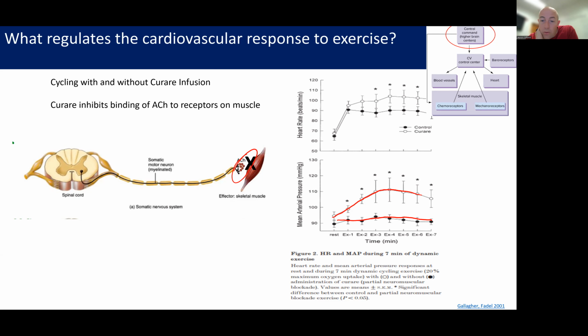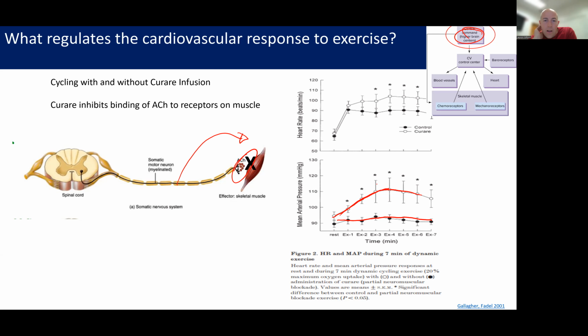So in order to keep doing the same amount of work, have the muscles contract at the same rate, they have to send twice as many action potentials down to overcome that inhibition. That means the brain is generating twice as many action potentials. So central command is going twice as much, and it causes you to exaggerate the sympathetic response and the blood pressure response.